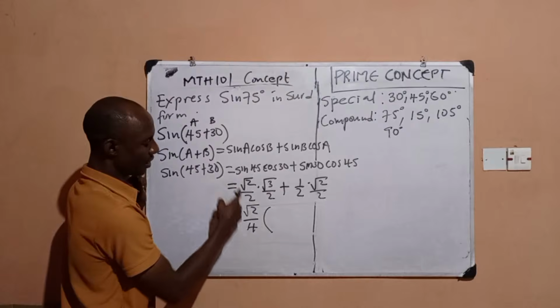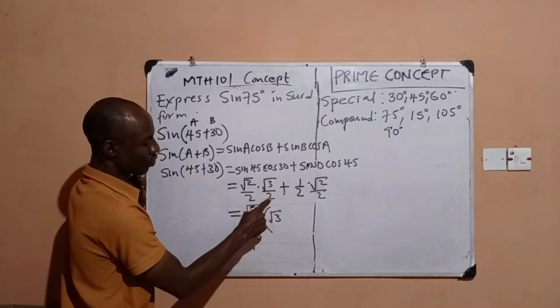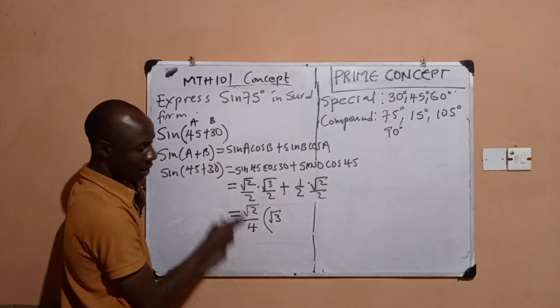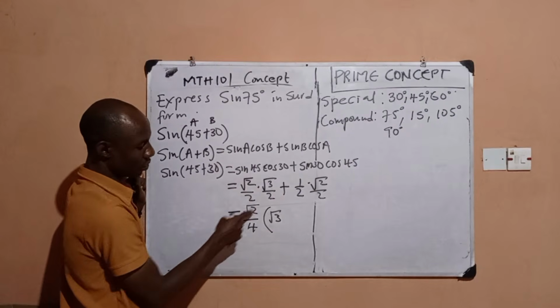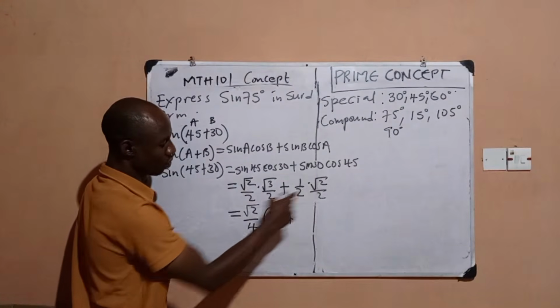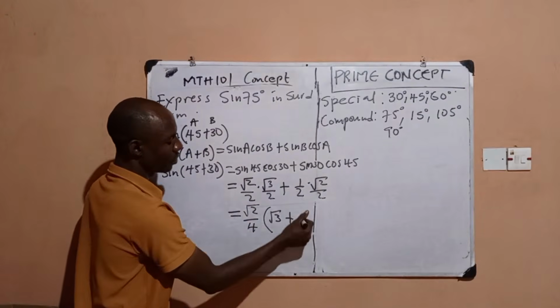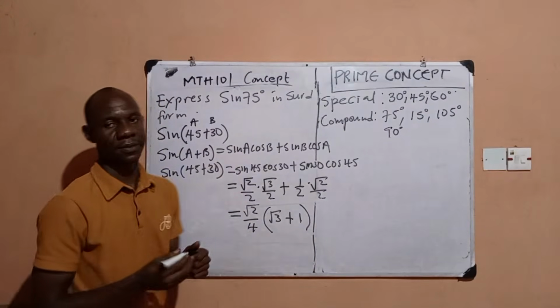What is left in this whole side is only root 3. Remember, I brought 2 times 2 out as 4, I also brought root 2 out. So I'm left with only root 3 plus, remember I brought this root 2 out and 4 out, I'm left with 1. So this is my answer.